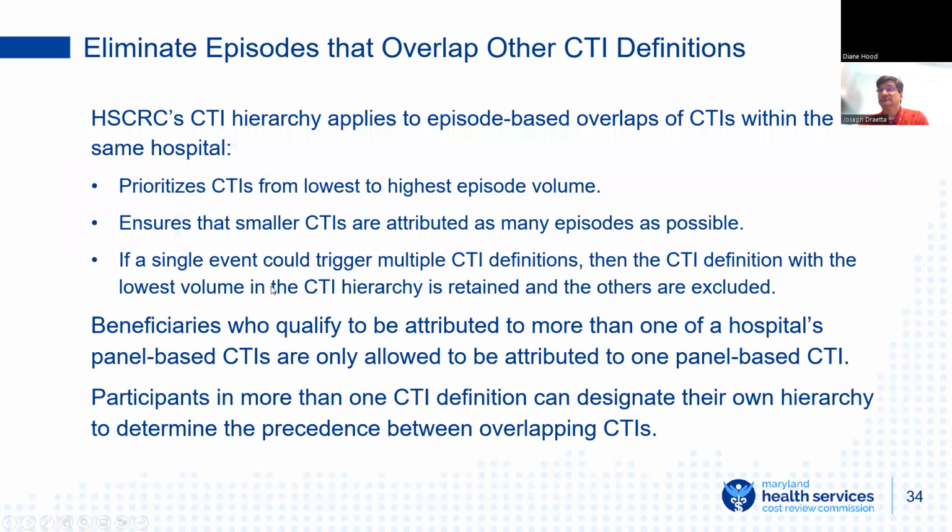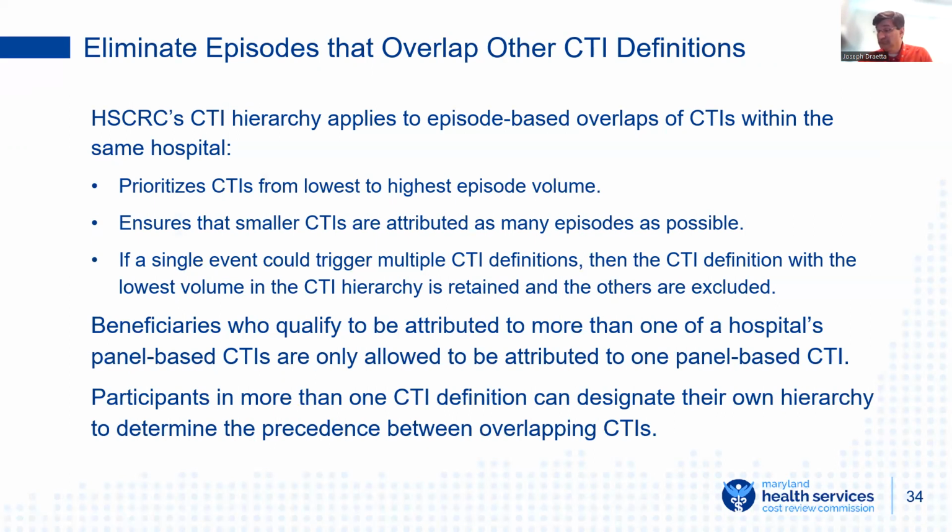Okay. All right, and then lastly, you'll want to eliminate episodes that overlap other CTI definitions. HSCRC applies a CTI hierarchy to episode-based overlaps of CTIs within the same hospital. It prioritizes CTIs from the lowest to the highest episode volumes in order to ensure that the smaller CTIs are attributed as many episodes as possible.